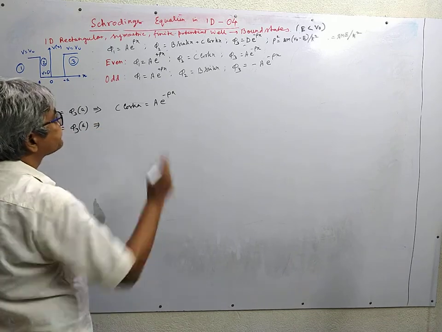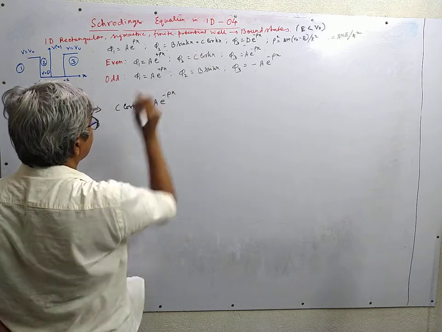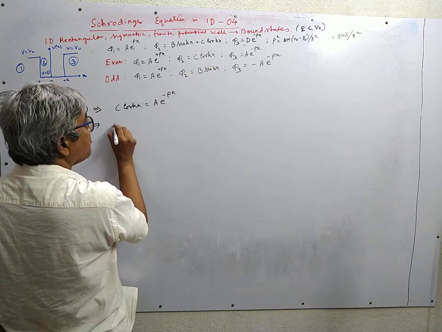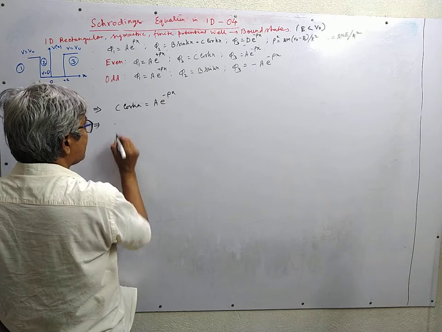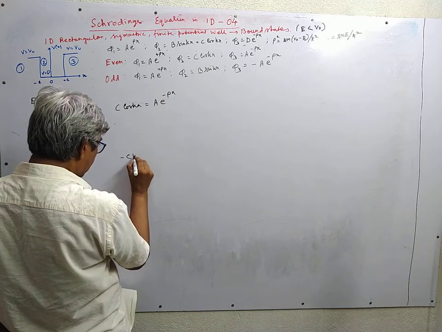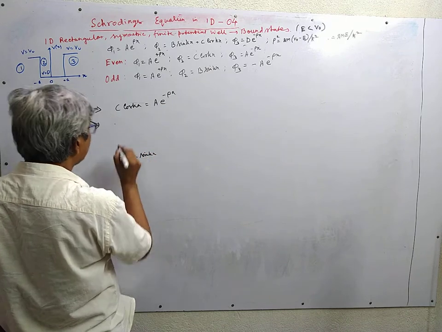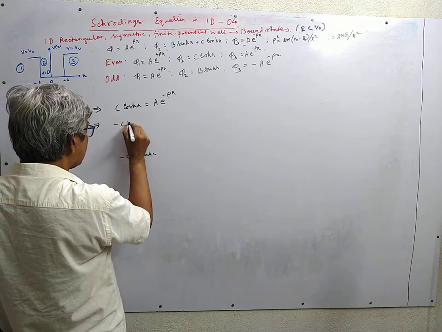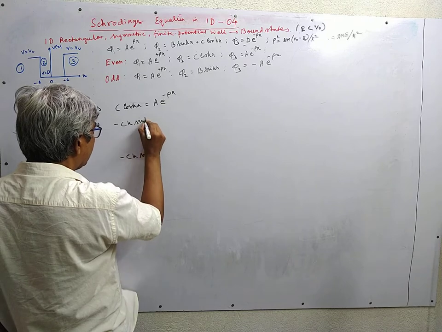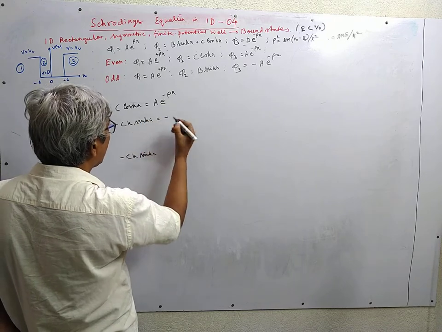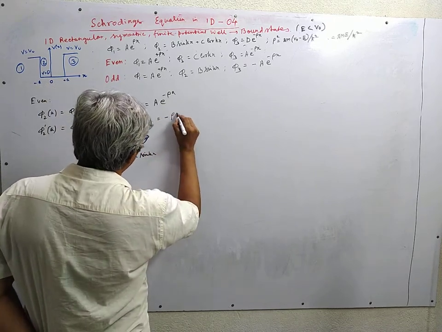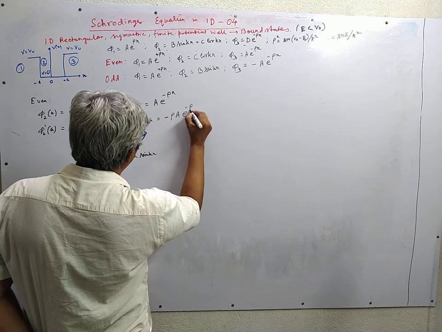When you differentiate it, it will be minus Ck sin kx, and if we put it in, minus Ck sin ka is equal to minus rho A e to the power minus rho a.